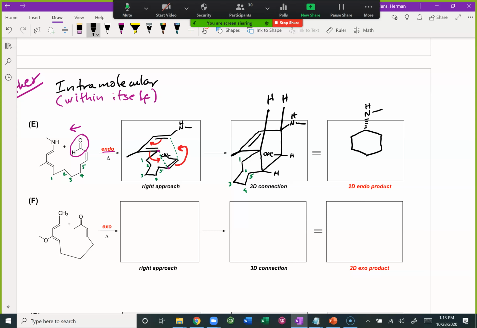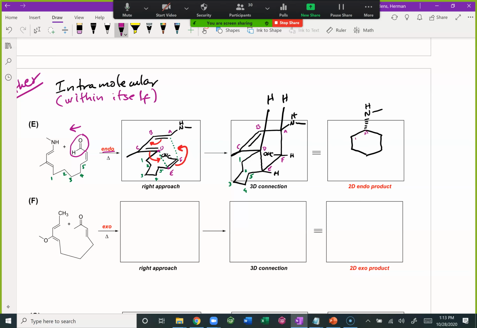So over here, if I label this A, B, C, D, E, and F, that will be A, B, C, D, E, and F. Right? I'll have them here.